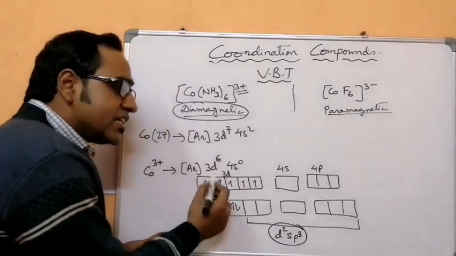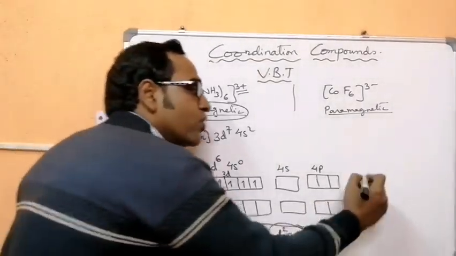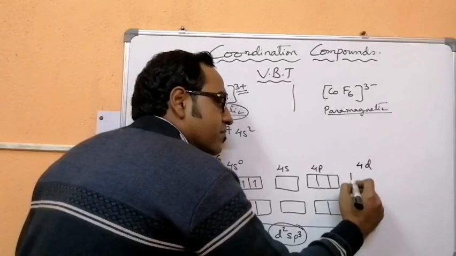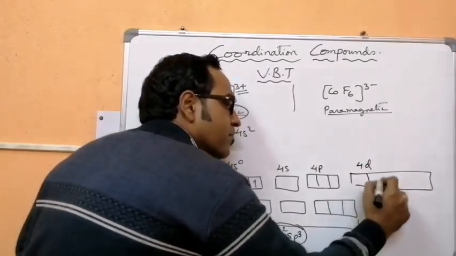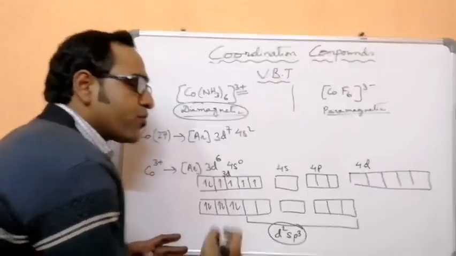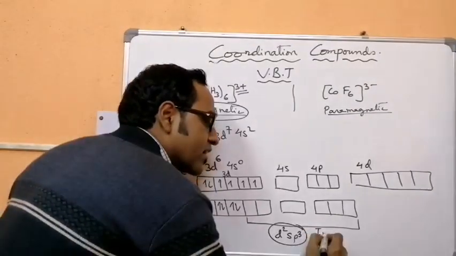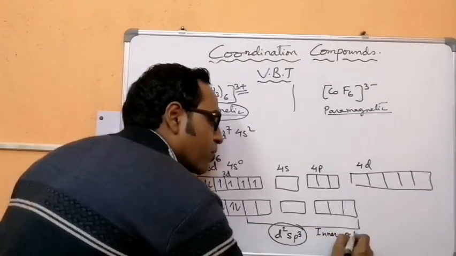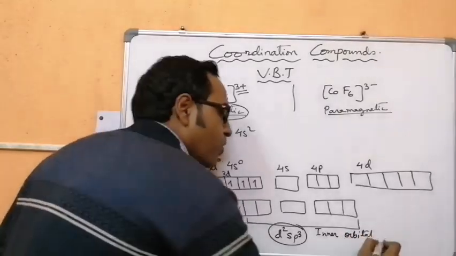Since the 3d orbital is used and not 4d, this type of complex is called an inner orbital complex.